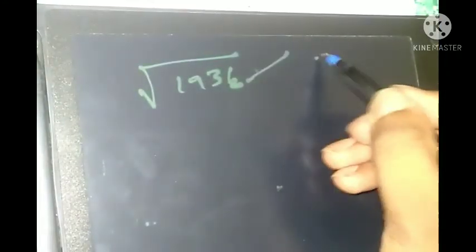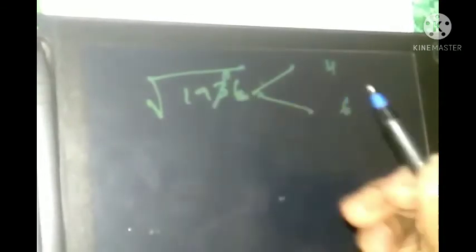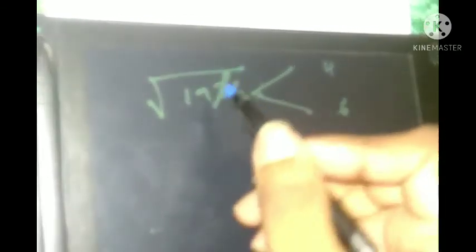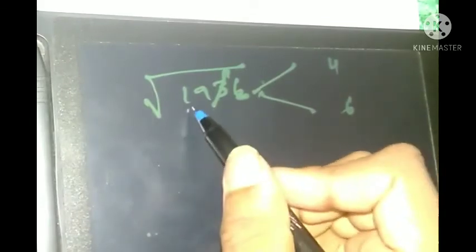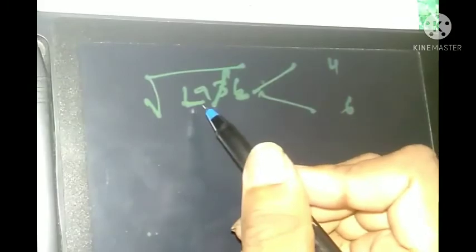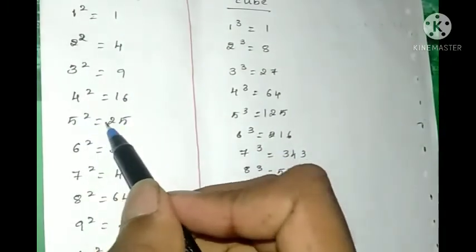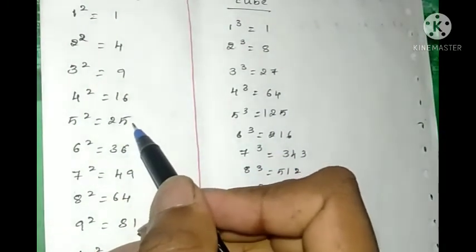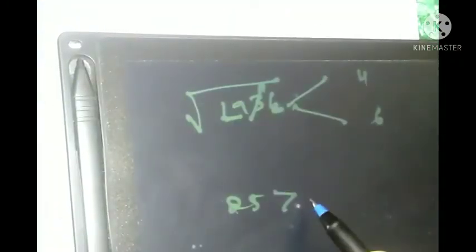That means we write down 4 and 6 first, and cancel out these two digits, and 19 is there. Which number we square should not be greater than this 19. Suppose we see 5 squared, that is 25. 25 is greater than 19.